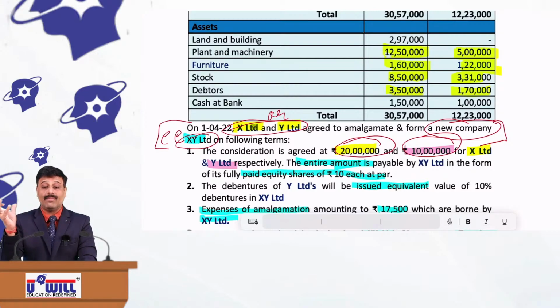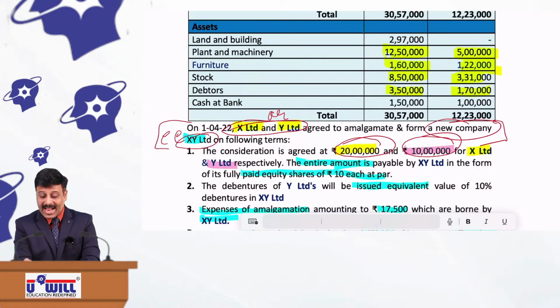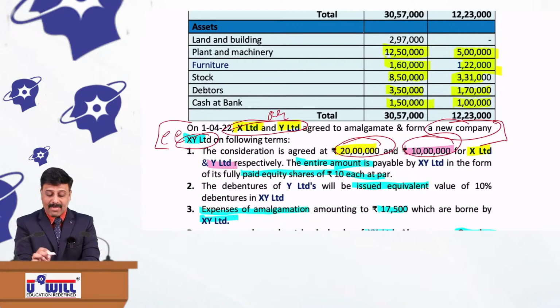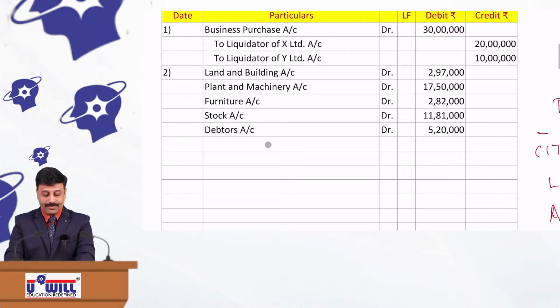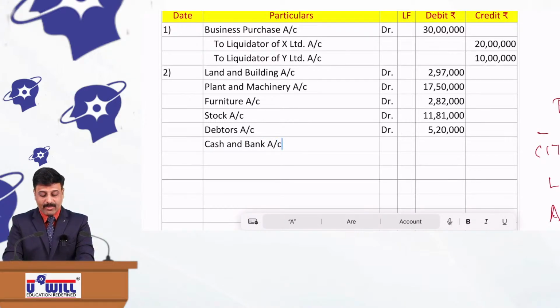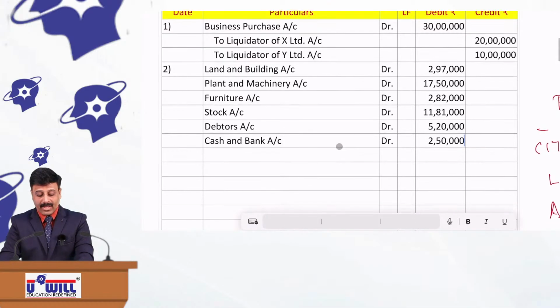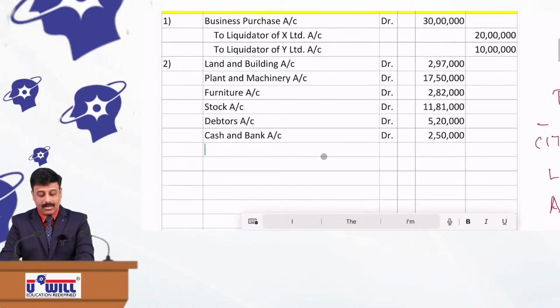I told you when they are merging, even cash and bank will be included. So 1,50,000 plus 1 lakh, 2,50,000. Cash and bank account we will debit with 2,50,000. And to liabilities account.